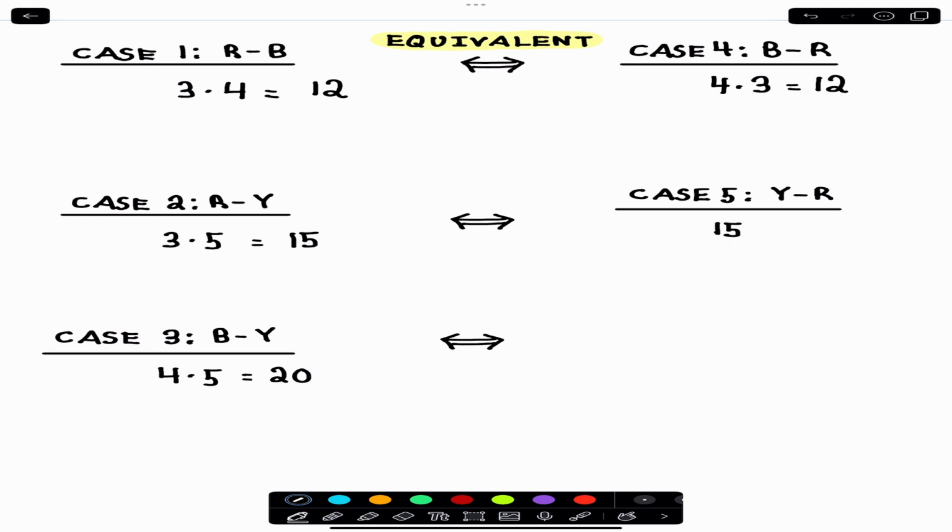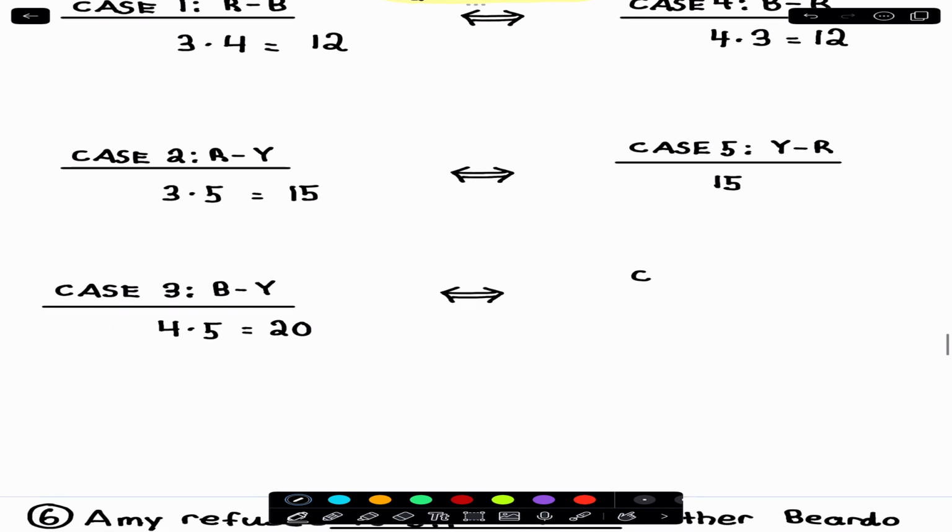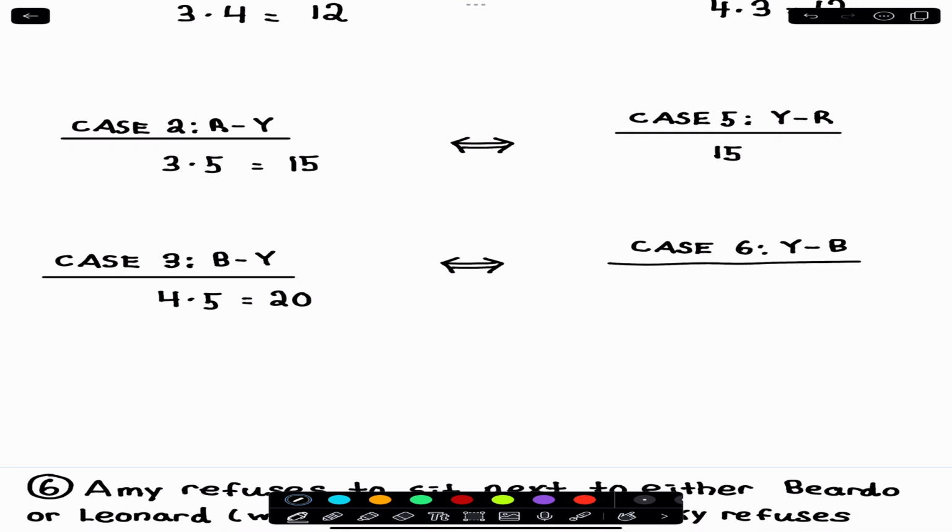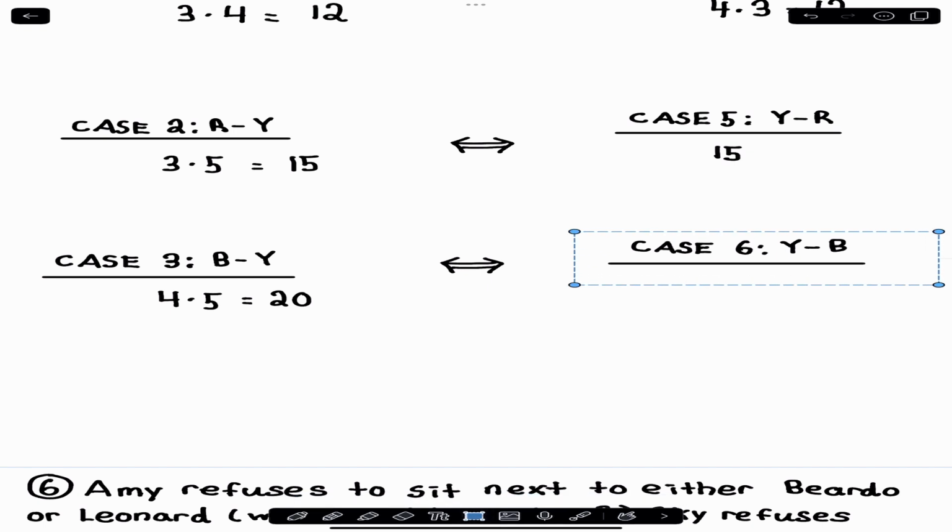It should be 15, and I'll leave it to you to multiply it out. So write out the multiplication fully. And case 6 is the mirrored version of case 3, so it would have the same answer as well. So there are also 20 ways.